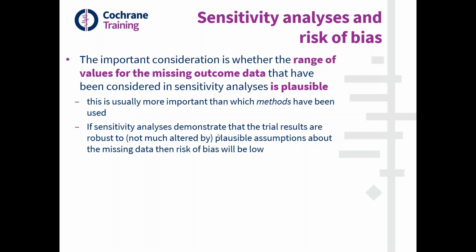And there are some situations where missingness will not depend on the true value. For example, if one of the centres of a multi-centre trial, all the records get destroyed in a fire, there'll be a lot of missing data, but they're very unlikely to depend on the true values of those outcomes because it's a totally unrelated event. Or to use another extreme example, I randomized 10,000 participants, and at random I select 1,000 participants to be followed up.